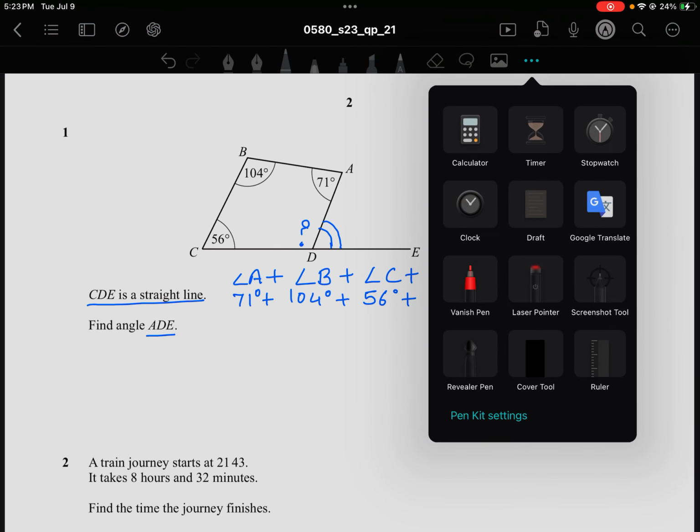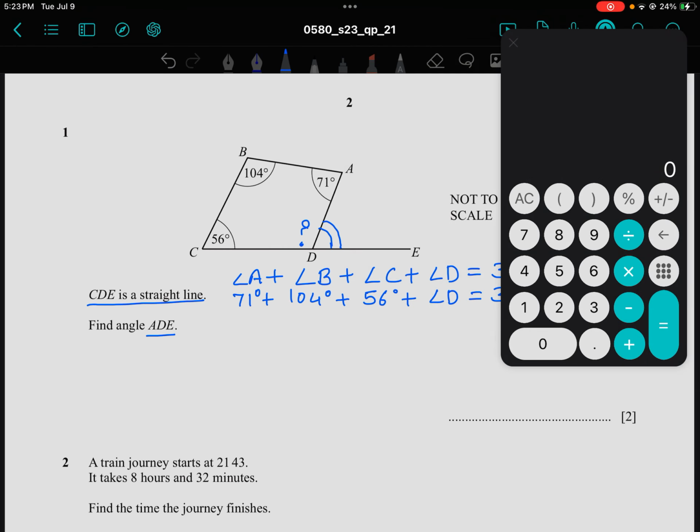Adding up all these three numbers, 71 plus 104 plus 56 will give me 231 degrees plus angle D equals 360 degrees.